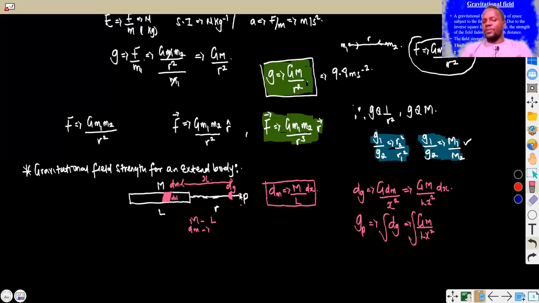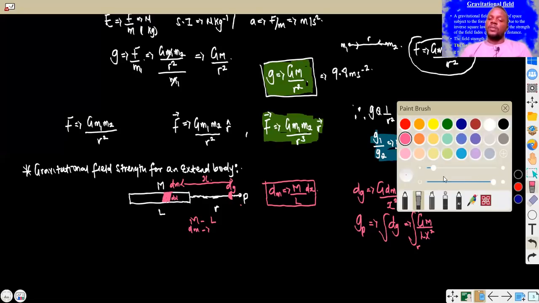The distance of P to the elemental part we take as x, and the distance of P to the whole length we take as r plus L. So we are taking the limit from the shortest distance r to the longest distance r plus L. What you need to keep at the back of your mind is every other parameter remains constant except the dimension of x, dx.